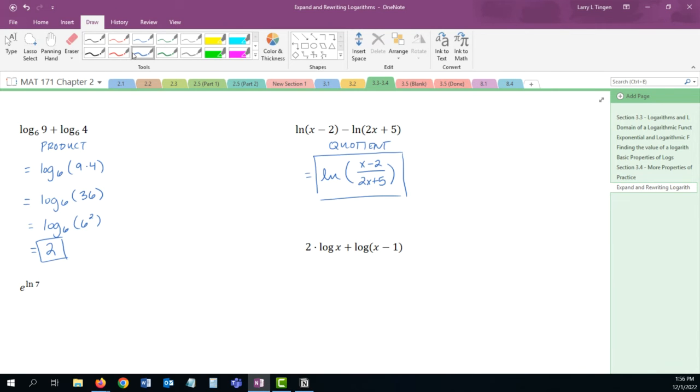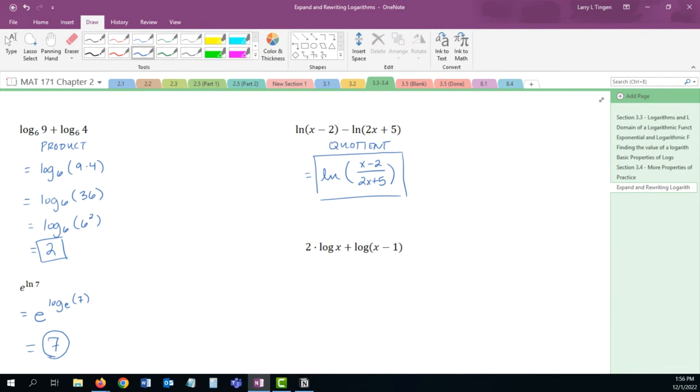None of the 3 rules are going to apply here, because that is e, just remember, raised to the log base e of 7. Whenever the base of the exponent and the base of the log match, and you've got one raised to the other, the answer becomes the argument.